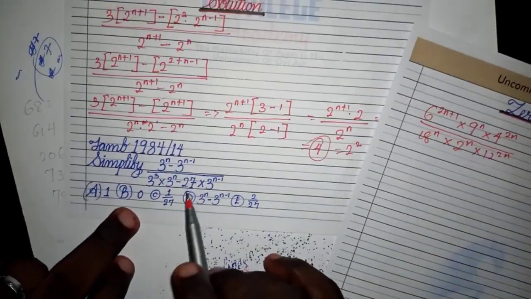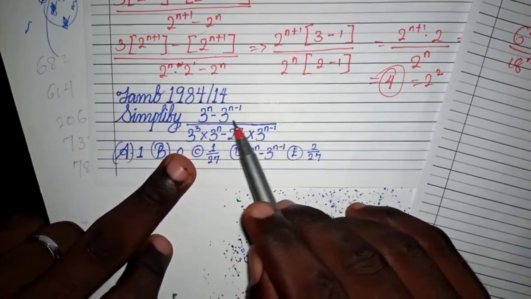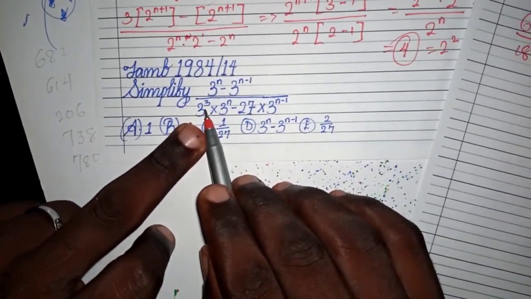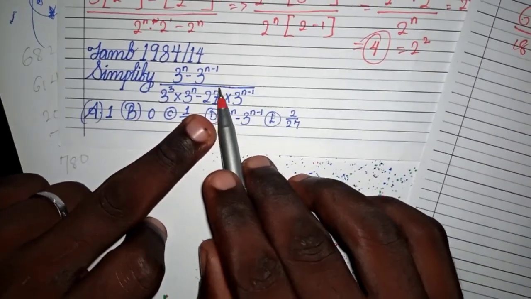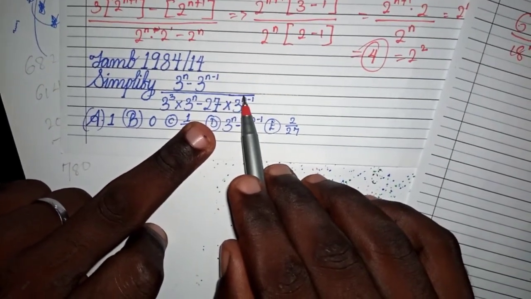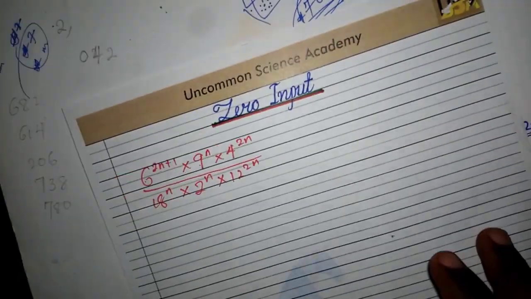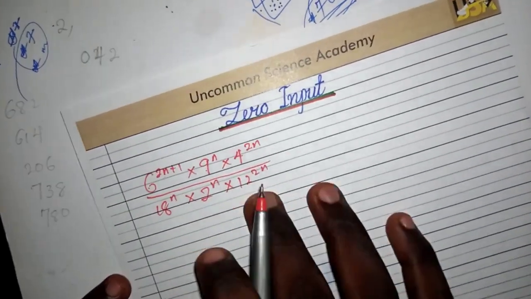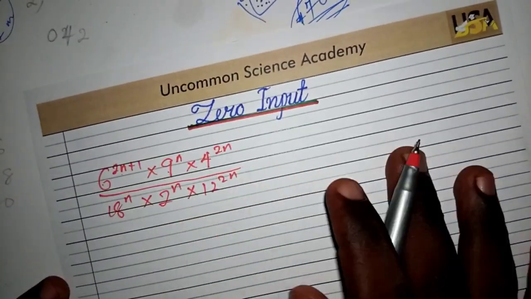But if you look at this particular question that we have as assessment, we cannot apply it because we have 3 to the power of 3 here that does not have what? The unknown. We have 27 here which also does not have the unknown. So because we have this, we cannot apply this particular zero input. I believe we understand when to apply it and when not to apply it. But this can be applied to question 1 and question 2 and other related questions.